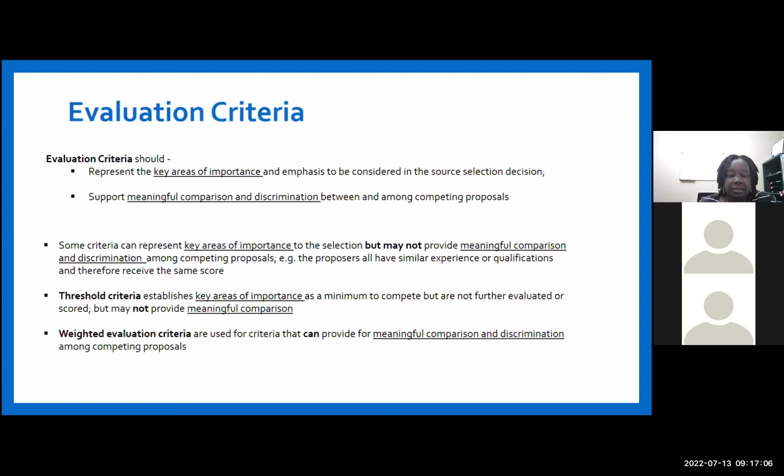A threshold example would be they have to have administered at least 5 LCDBG projects within the last 5 or 3 years. That'll be a good threshold because you probably have a couple of your respondents that have administered CDBG projects. So that's the minimum they have to have in order to even submit a proposal to you.